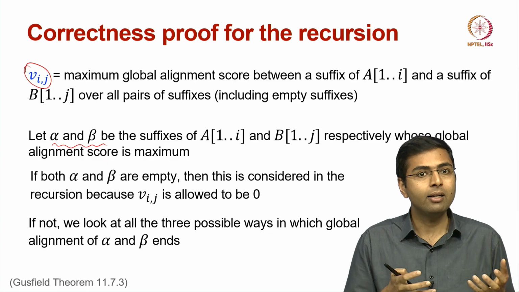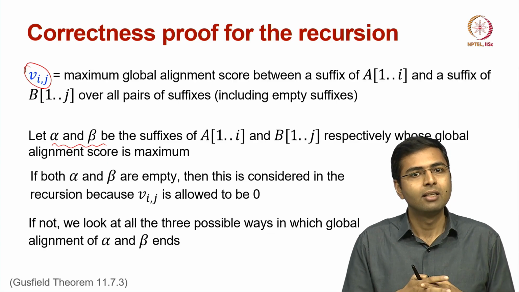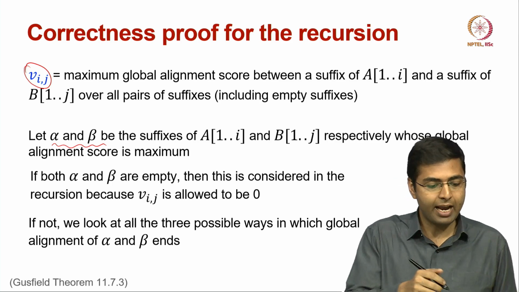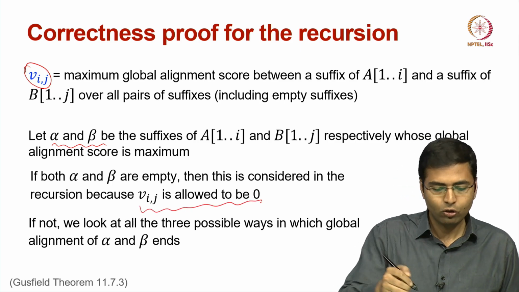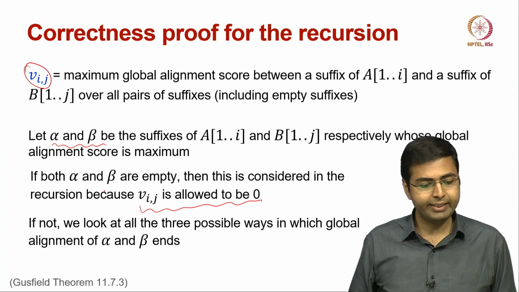Case 1 is that both alpha and beta are empty. Then this case is considered in the recursion, because we have allowed Vij to be 0 in our recursion already. So, this case is being considered.